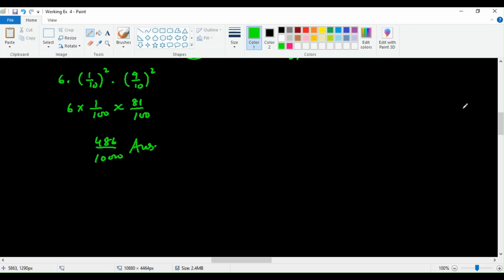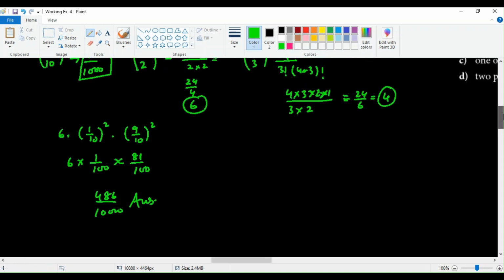And for the second part, let's calculate 4 times 1 over 10 power 3 and 9 over 10 power 1. We don't write that.